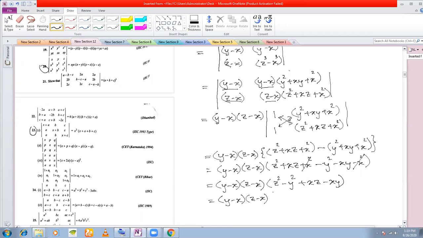Now you can factorize this further. You can write this as z square minus y square. Take this within brackets, and from here you can take x common.